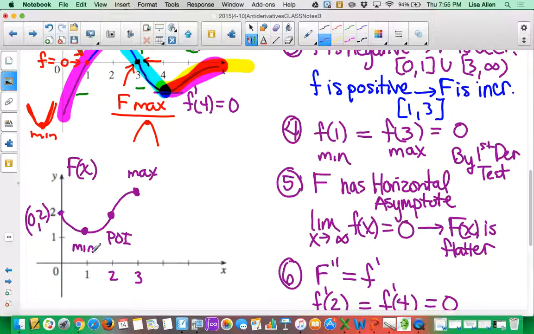Then the function goes to 4, let's take it down like this. At x equal to 4, there's another turning of the graph, and another point of inflection at x equal to 4. But you continue to be decreasing. Let's look at the intervals of decrease. We've got the intervals of decrease right up here: from 0 to 1, and then from 3 to infinity.